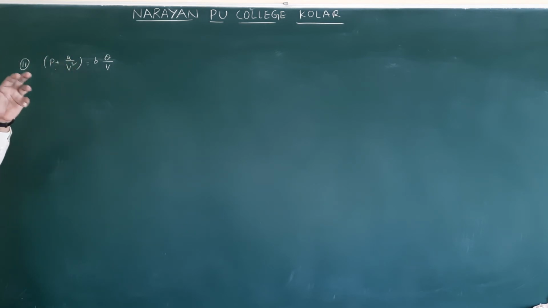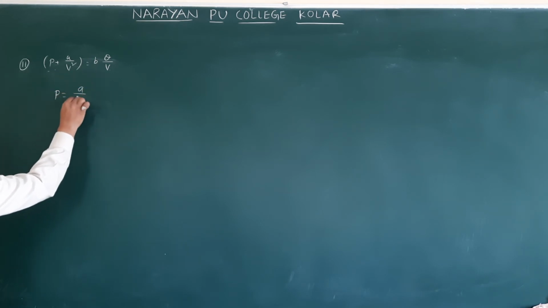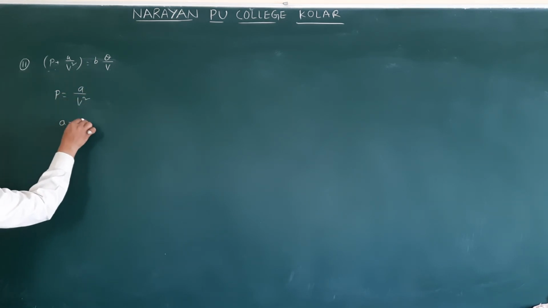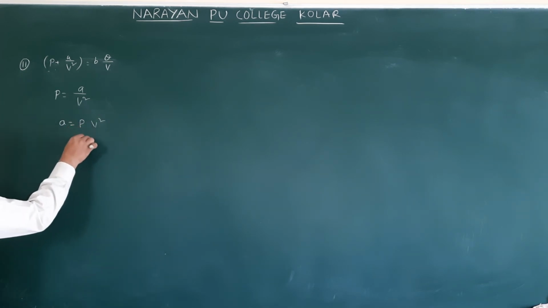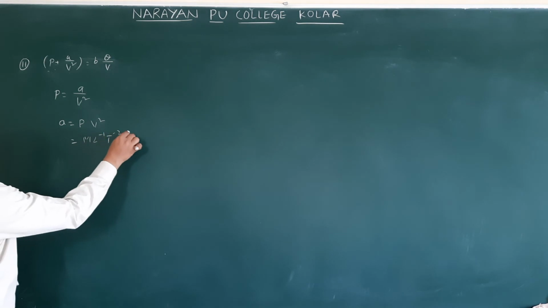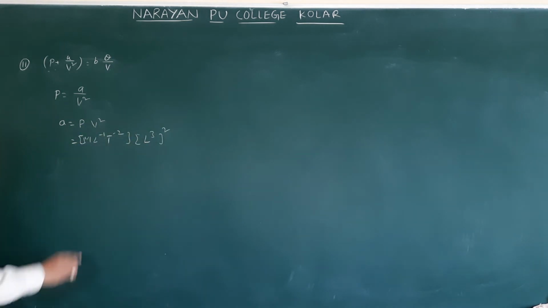According to the homogeneity principle, we are adding P and a/V², which means both have the same dimension. Then P is equal to a/V², and a is equal to PV². What is P here? Pressure. Pressure dimension formula is M L^-1 T^-2, volume is L cube, whole square.